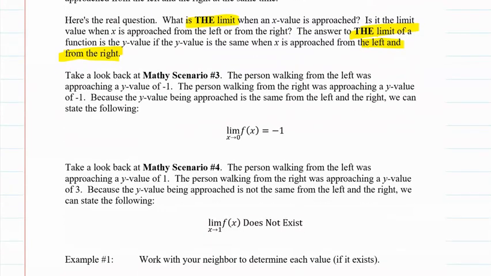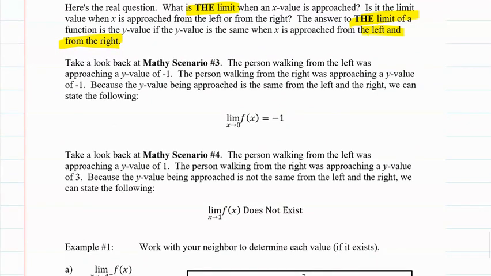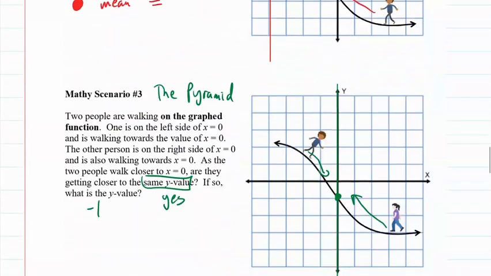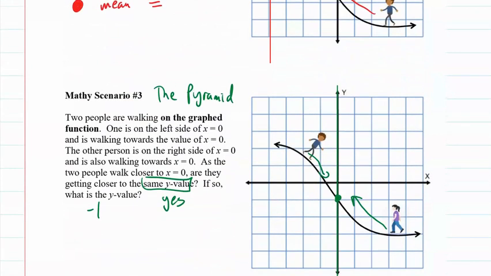And so math scenario number 3 with the pyramid. Remember on the pyramid, they both walked up, one on the left side, one on the right side, but they were both going to the same value. Right? So here's number 3. The guy's going towards -1. The girl's going towards -1.